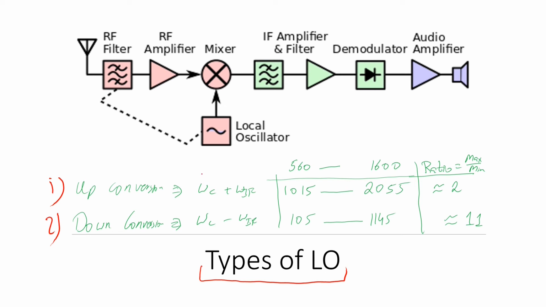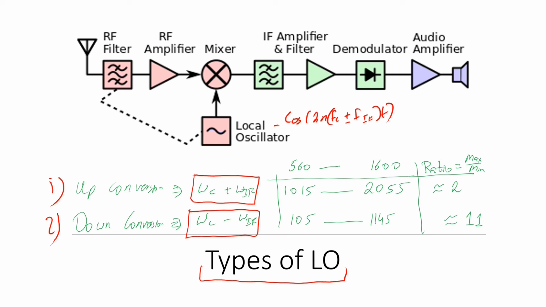In up conversion, we have omega C plus omega IF, and in down conversion, we have omega C minus omega IF. That is, we have cos 2 pi (FC plus or minus FIF) t.